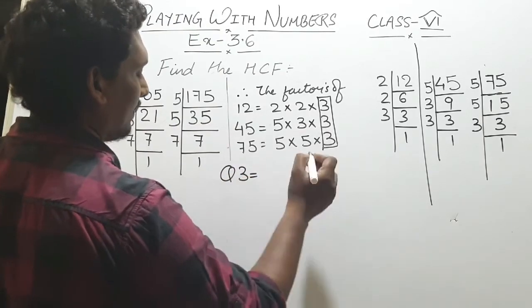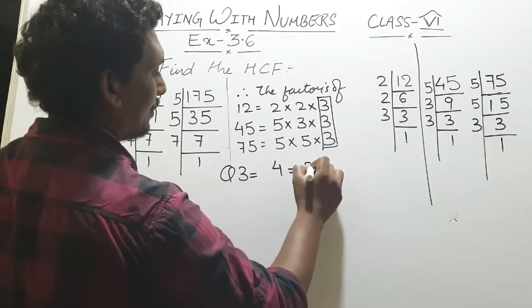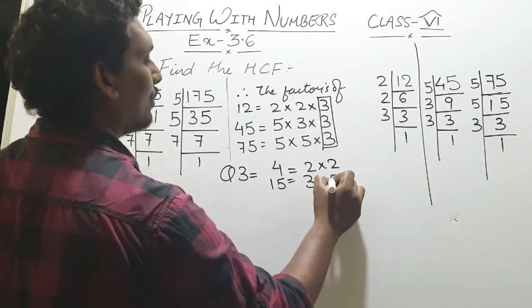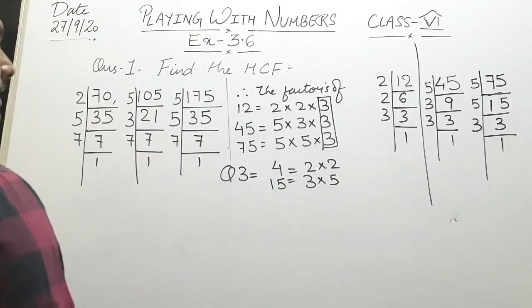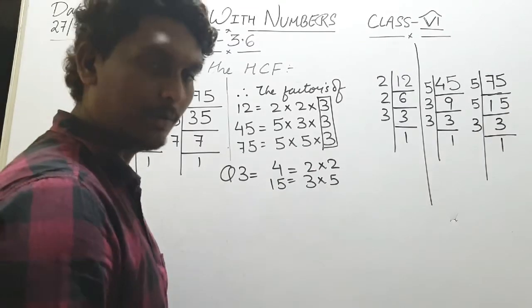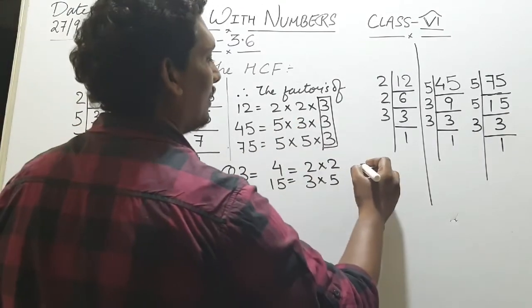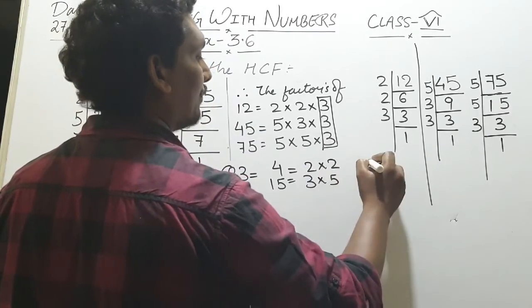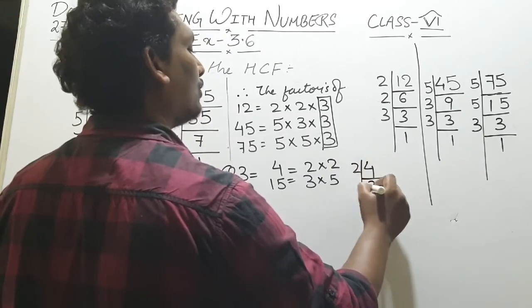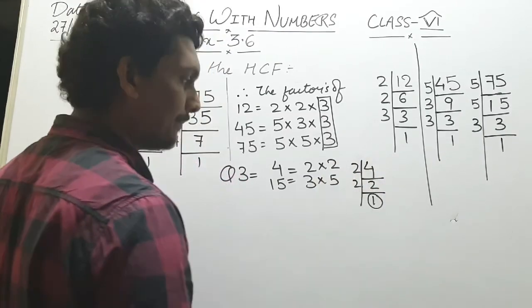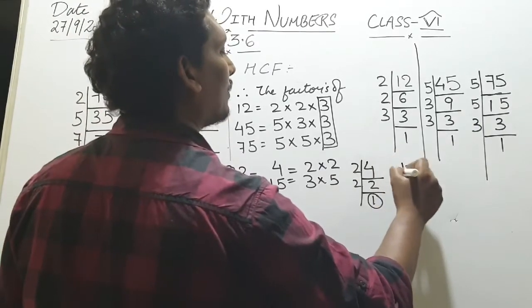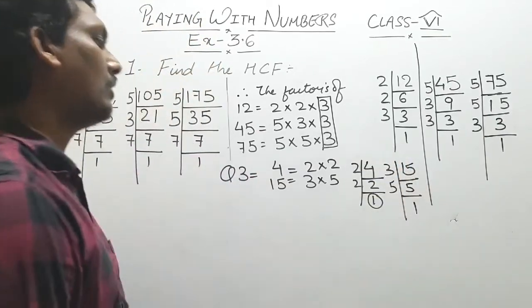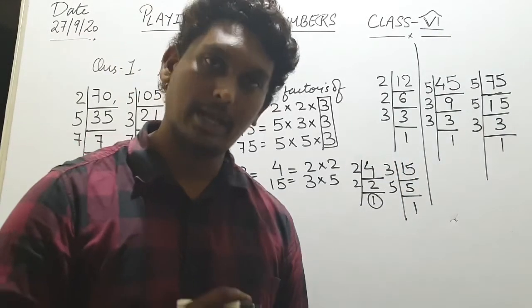When we find the factors, it is given that for 4 it is 2 into 2, and for 15 it is 3 into 5. The highest common factor we are talking about is not 0. Same way 15, that is 3 5s are and 5 1s are. So in any case, 0 is not the answer.